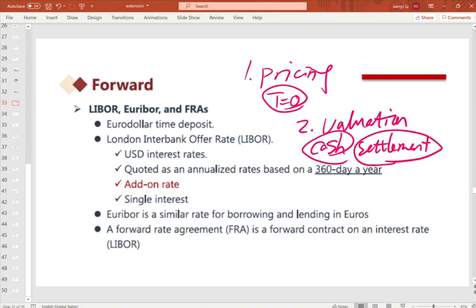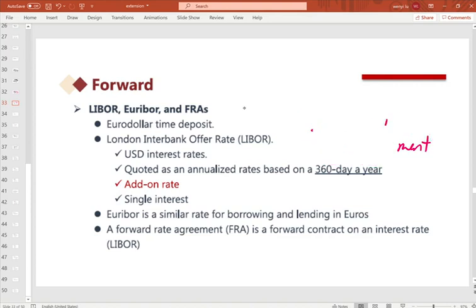For the forward, there are some terms we must get familiar with before we do the analysis. The first one is LIBOR. We mentioned LIBOR at the beginning of this chapter. LIBOR is a benchmark interest rate, the London Interbank Offered Rate, and this is for US dollars.